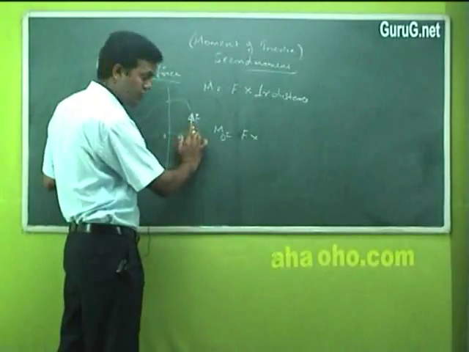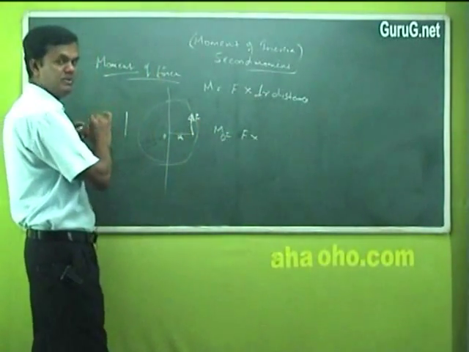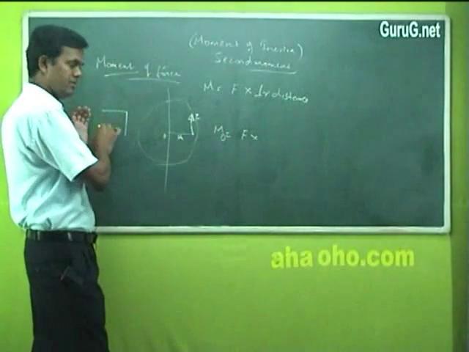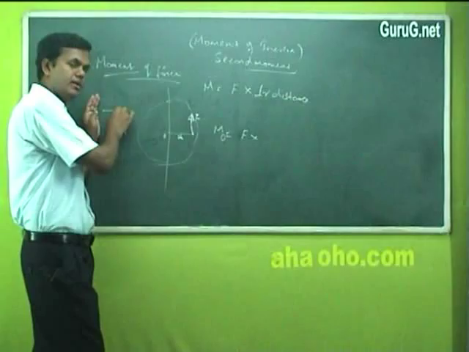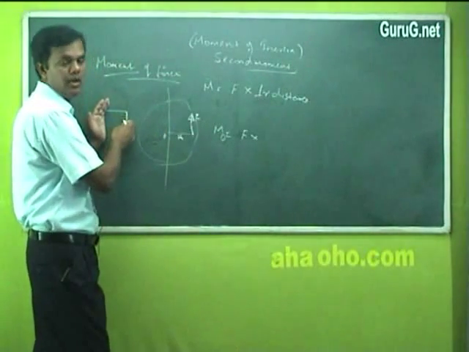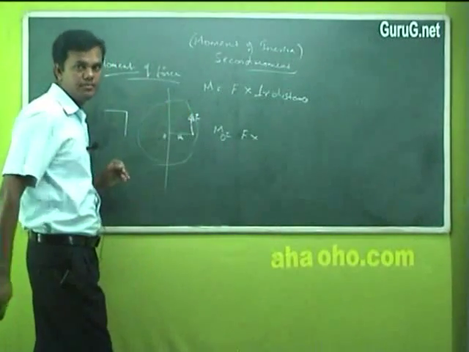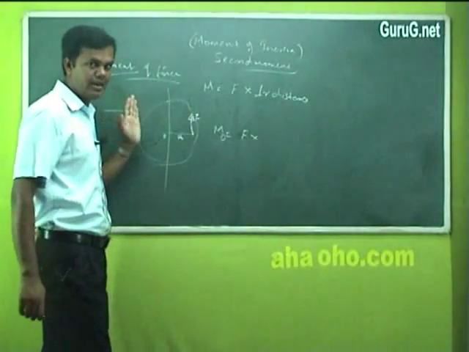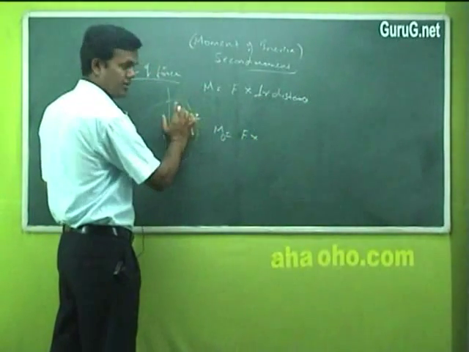The direction of force is like this, so if my force direction is like this, perpendicular means 90 degrees. This should be my distance. It may be 1 millimeter, 0.5 millimeter, 10 millimeters, thousands of millimeters, but I require a distance which is perpendicular to the line of action. So x is the perpendicular distance.